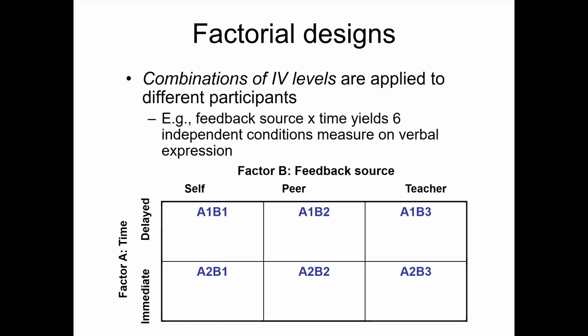We'd call that a 2x3 design, where the first number represents the number of conditions in the first independent variable, and the second number represents the number of conditions in the second factor. There's no particular reason why one of these is factor A and one of them is factor B. It could be reversed. It's just the way I put it here.